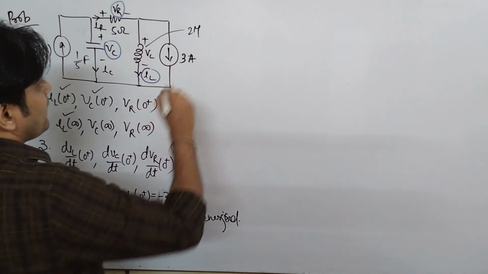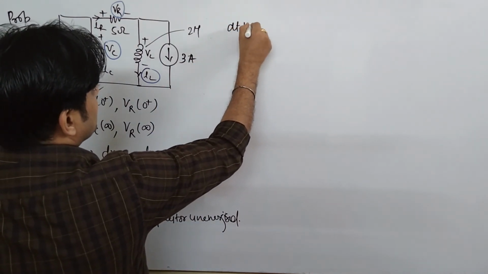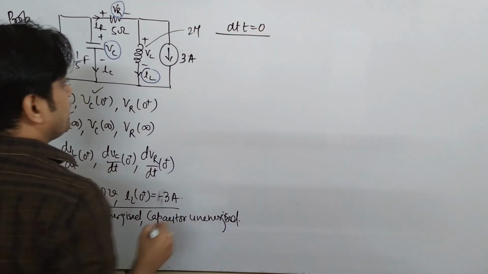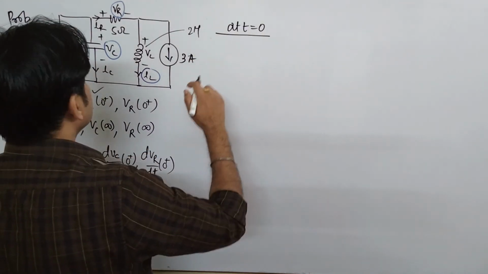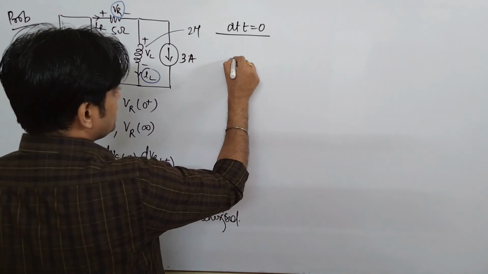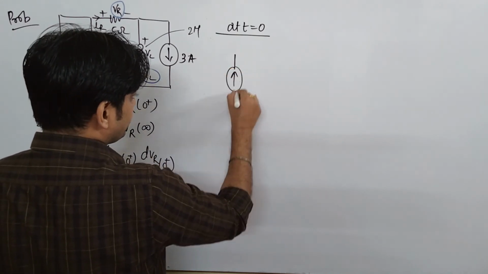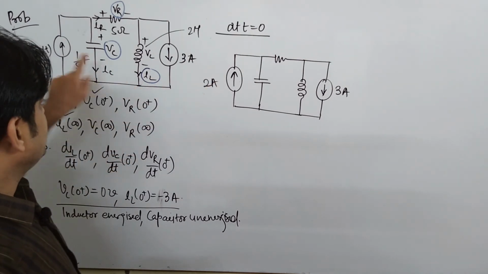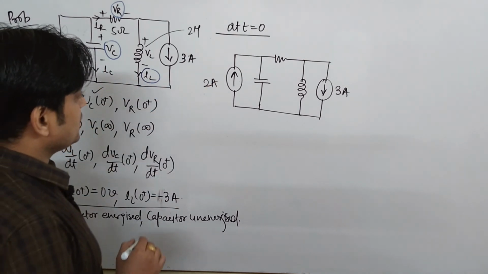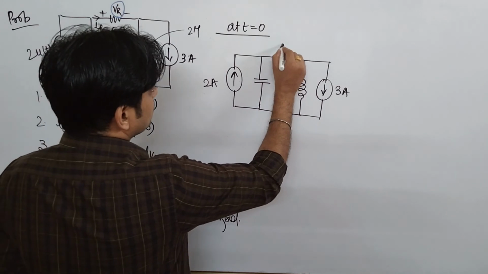Now we draw our circuit at t equal to 0 first. The next condition is at t equal to 0. If I draw at t equal to 0, you see that the unit step current comes into the picture because it is at positive time.